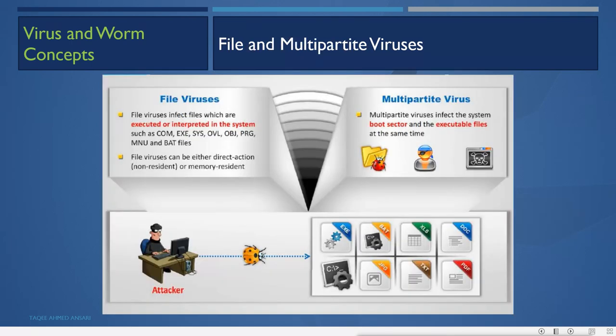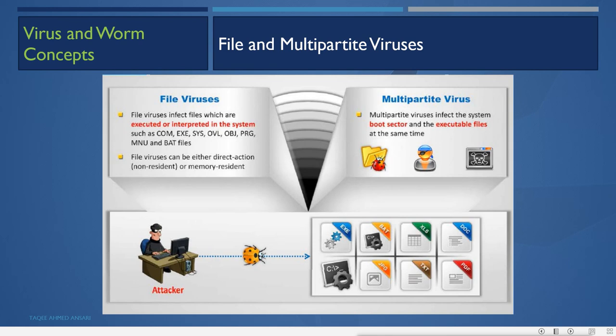Then we have file and multipartite viruses. These file viruses infect files which are executed or interpreted in the system, such as COM, EXE, SYS, OVL, OBJ, PRG, MNU and BAT files. These files are somehow executable files. So it infects these executable files, and file viruses can be either direct action or memory resident.